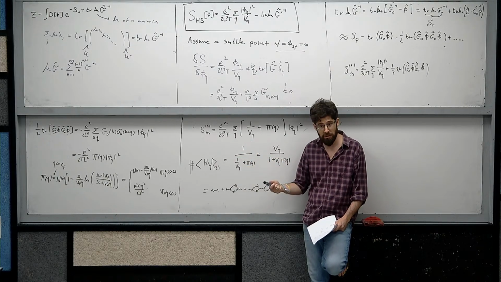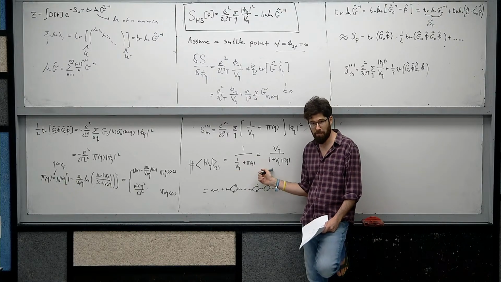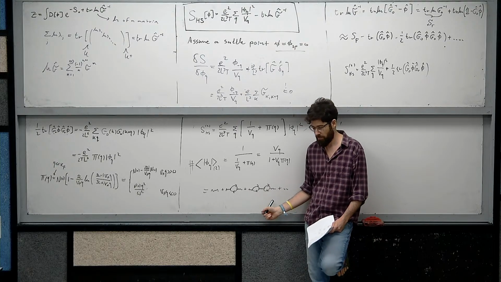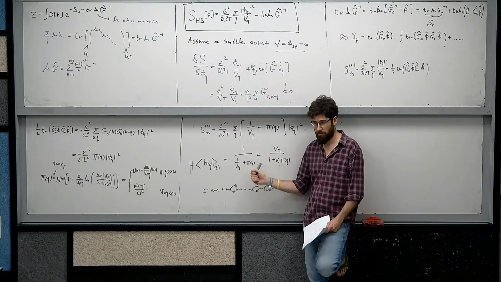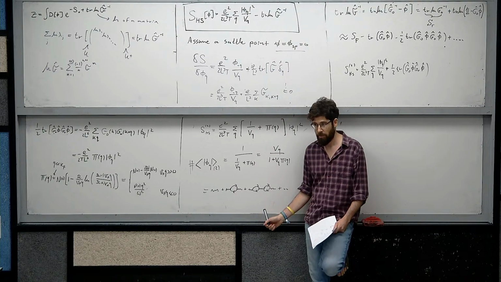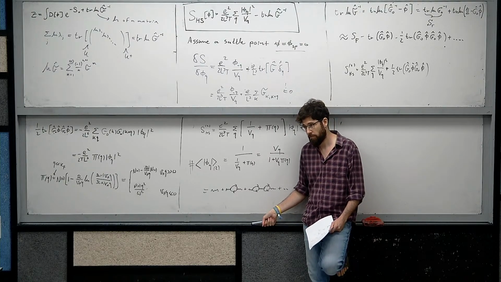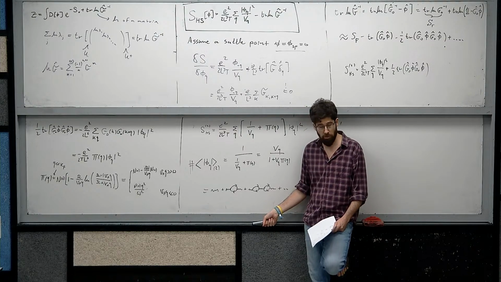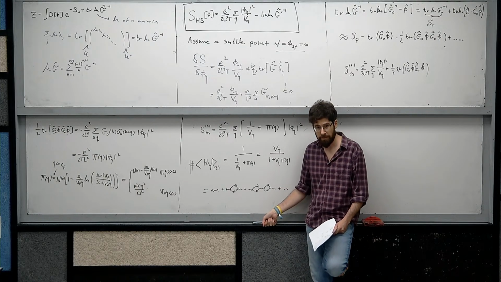But this expansion to second order is equivalent to summing up perturbatively all diagrams, summing up the entire geometric series of a very simple diagram. The simplest possible one, yes.